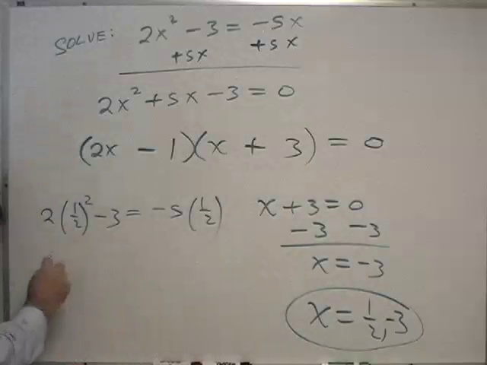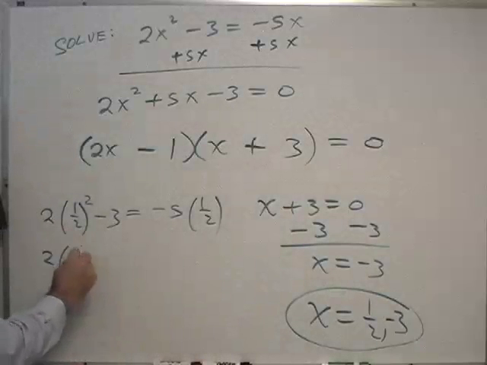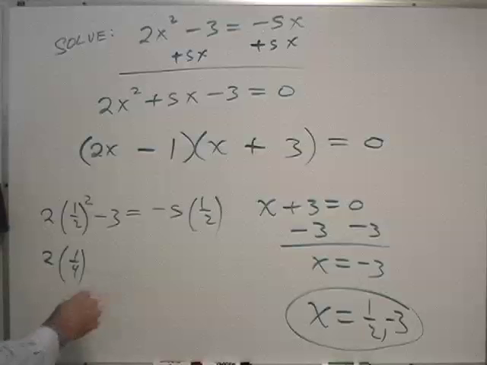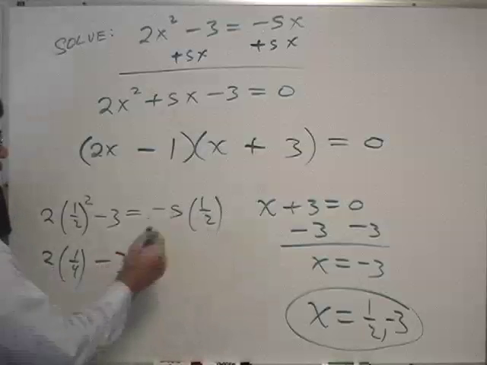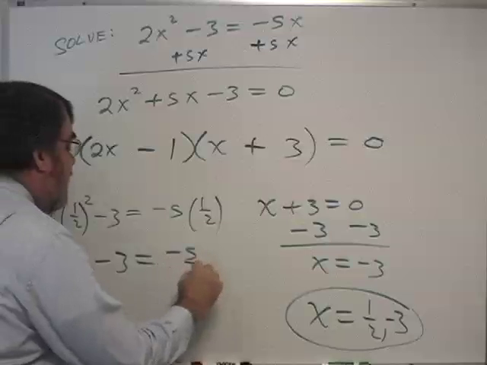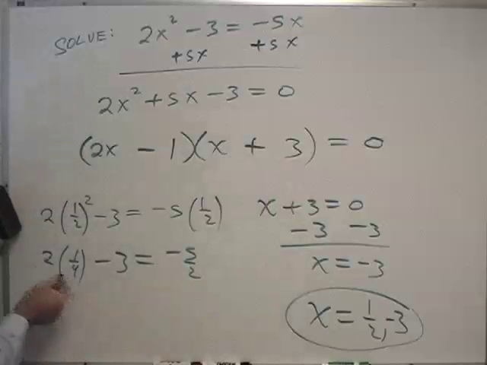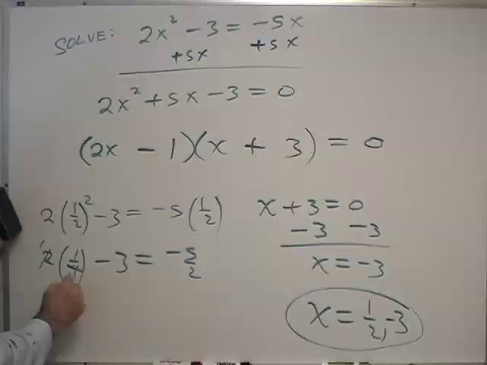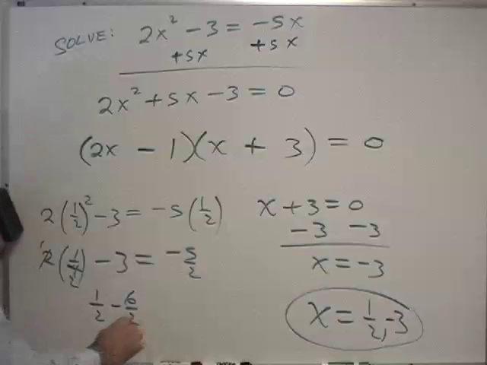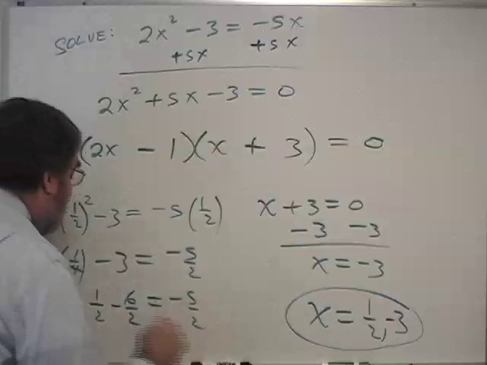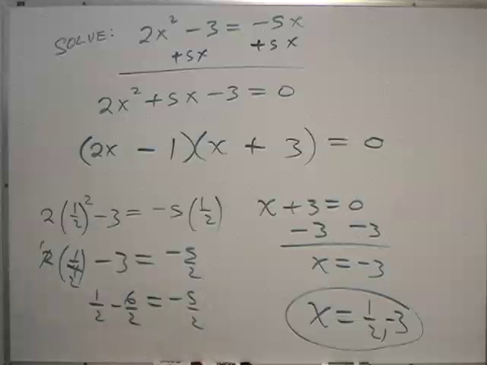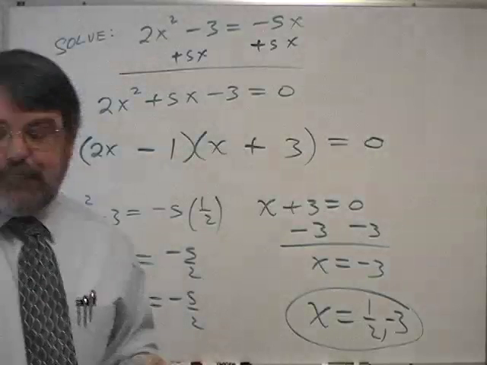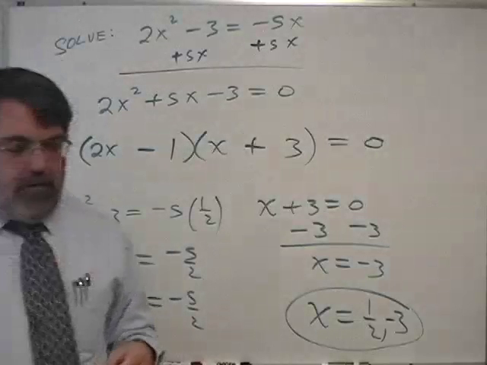Well, 1/2 squared is 1/4, just 1/2 times 1/2. -5 times 1/2 is -5 halves. 2 times 1/4 is 1/2. 1/2 minus 3, well, 3 is 6 halves. And so 1/2 minus 6 halves is -5 halves. And that also checks.